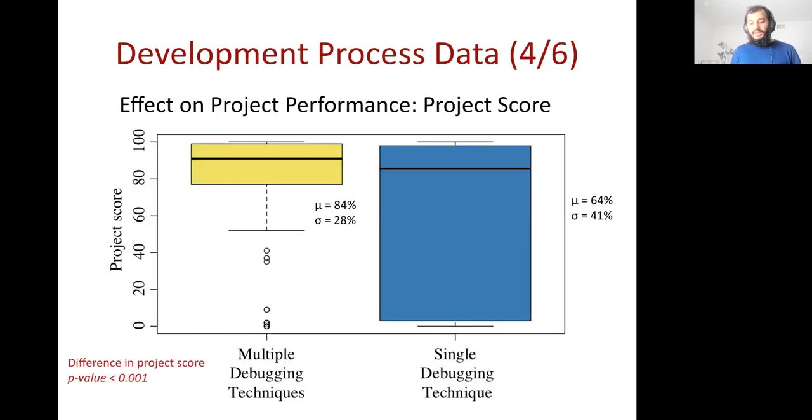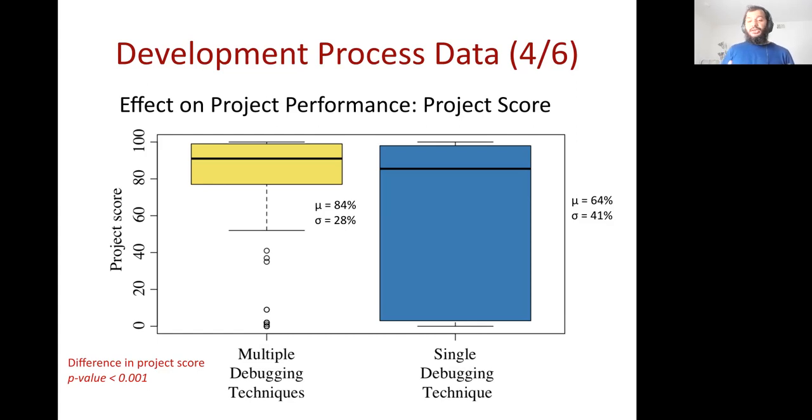Then we try to find the effects of using a single technique versus a combination of multiple techniques on the project score. We found that students using a combination of multiple techniques had a mean score of 84%, whereas students using only a single technique had a mean score of 64%.